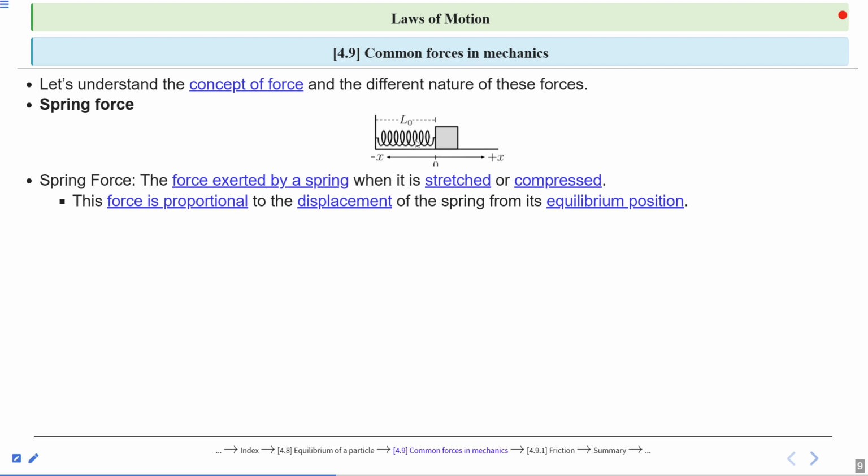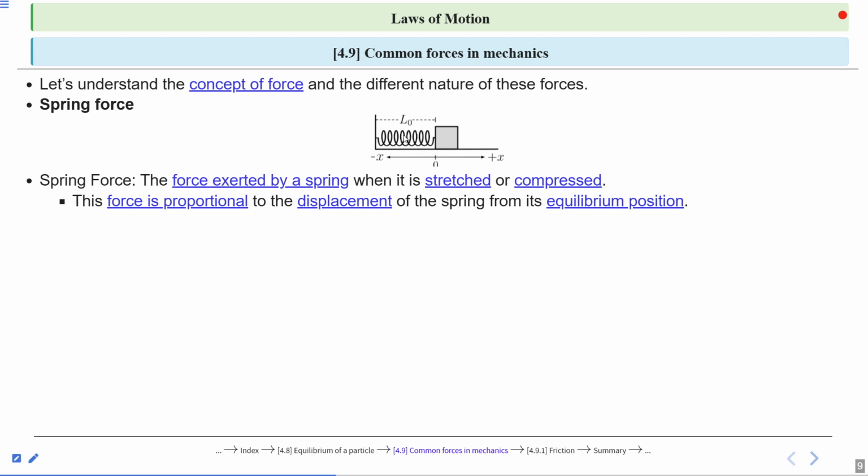The force exerted by the spring is proportional to the displacement of the spring from the equilibrium position. So here the equilibrium position is this one, the center of this L naught. 0 is the equilibrium position.